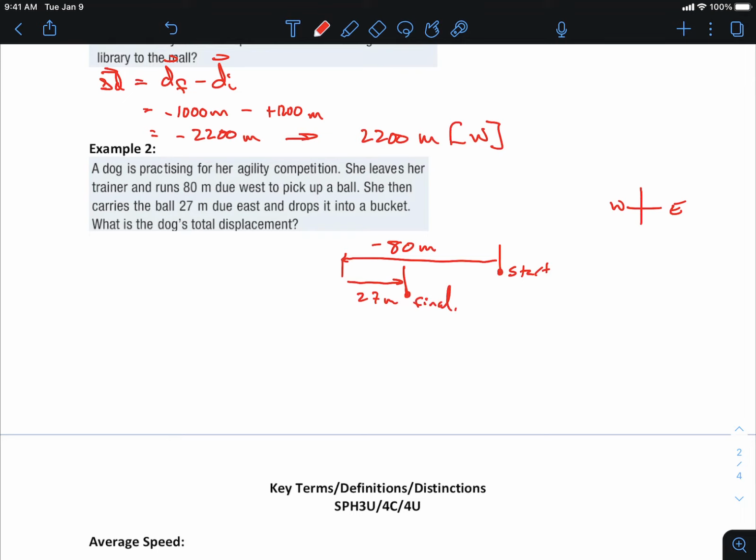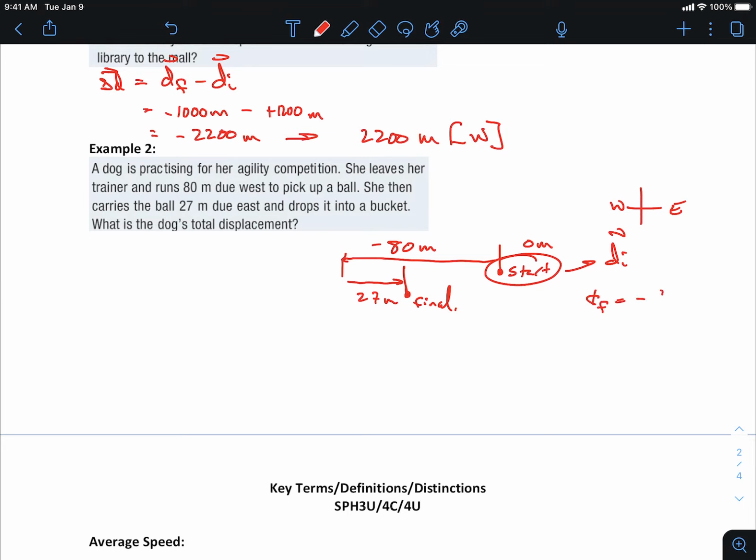Okay? So, a little bit trickier from the standpoint of wrapping your head around this. But remember, we started at 0 meters, right? So this is your DI. And we need to figure out, well, where did the dog finish? What's DF?